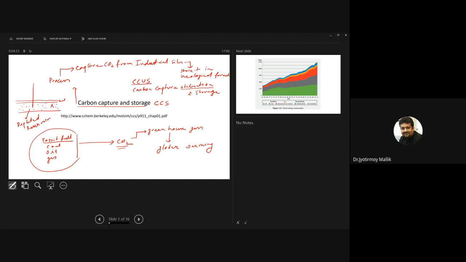That I have drilled wells and I have taken out oil and gas from it. So the pressure has decreased a lot. Okay. So CCS essentially means that now I capture the carbon dioxide from the industrial site and push it back into the reservoir. Okay. I push it back into a geological formation so that it stays there for a very long time and it's kind of isolated.